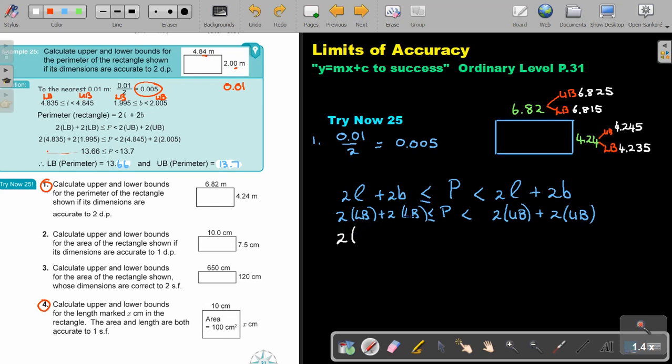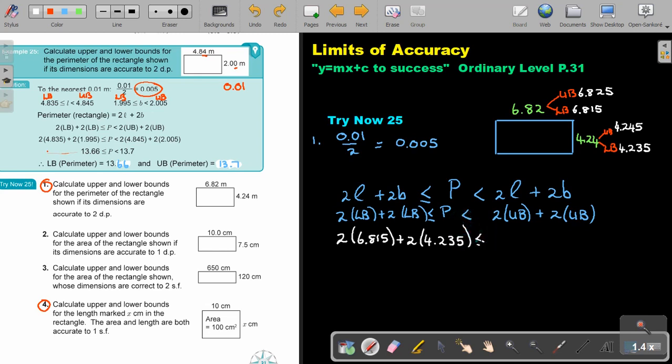So the 2, and then I'm just going to look for the lower bounds. I'm going to start with this one, so it's 6.815 plus 2, and then the lower bound for this one is 4.235.